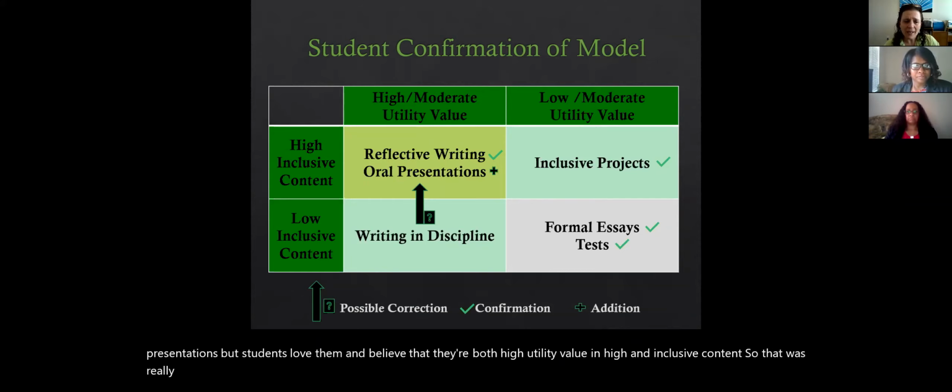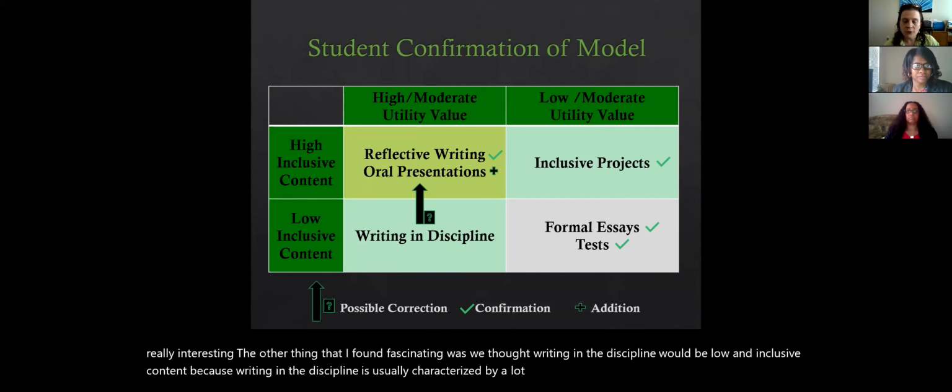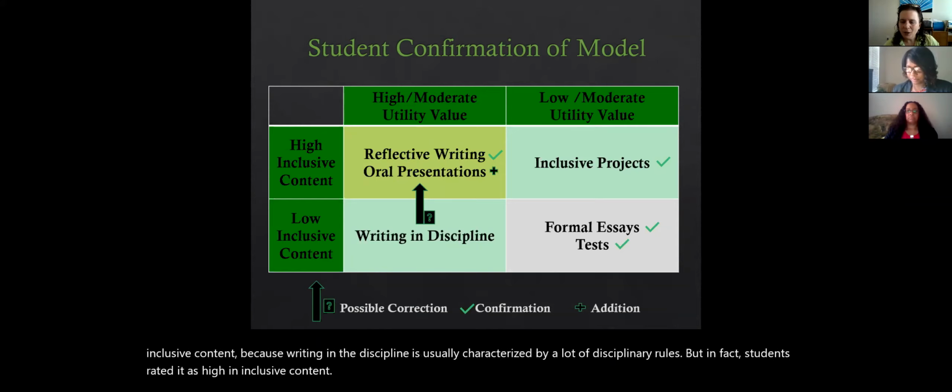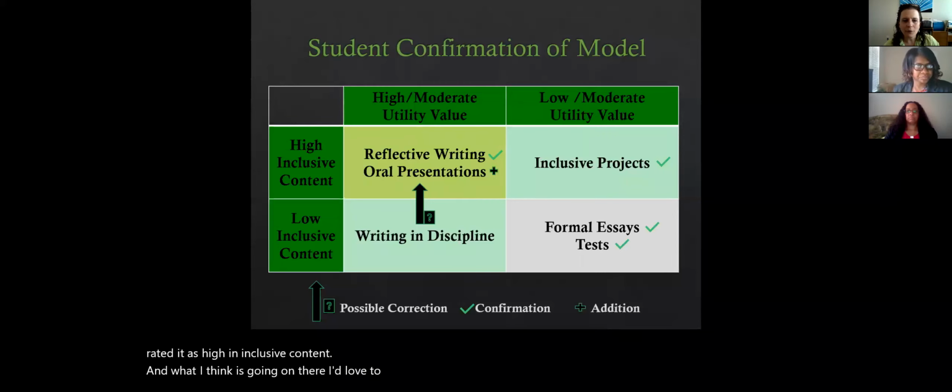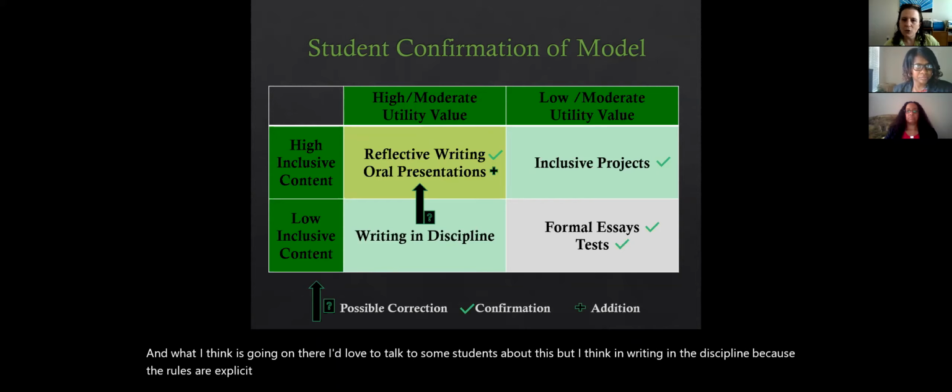The other thing that I found fascinating was we thought writing in the discipline would be low in inclusive content, because writing in the discipline is usually characterized by a lot of disciplinary rules. But in fact, students rated it as high in inclusive content. And what I think is going on there, I'd love to talk to some students about this, but I think in writing in the discipline, because the rules are explicit, that makes them have clear instructions, and in a way it does even the playing field in a way that we didn't necessarily predict.